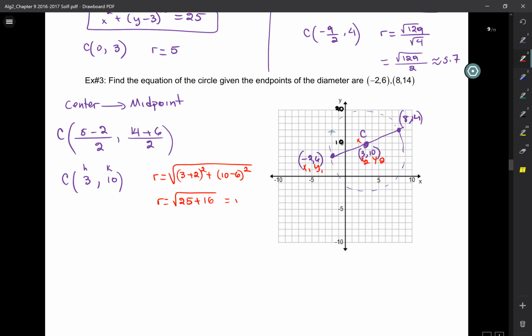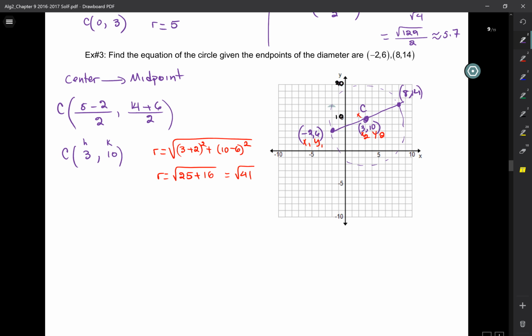So that's root 41, right? Yes? Okay, now what's the equation then? X minus what squared? x minus 3 squared plus y minus 10 squared equals how much? Root 41 squared, which is just 41.